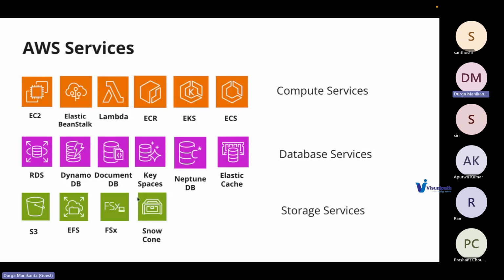There are a lot of services on AWS, but the majority of them fall into infrastructure as a service, PaaS or SaaS, and compute, depending on what type of offering they provide.